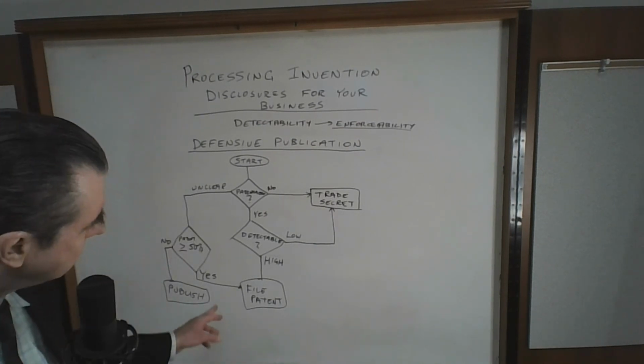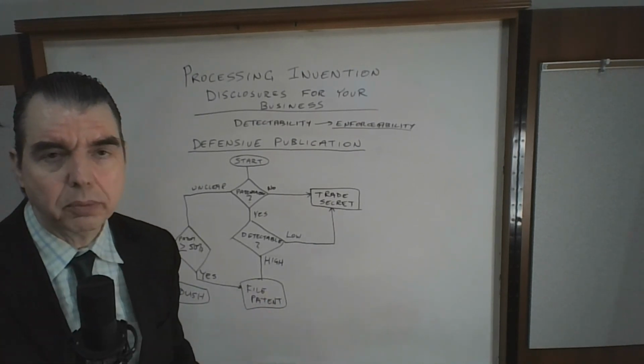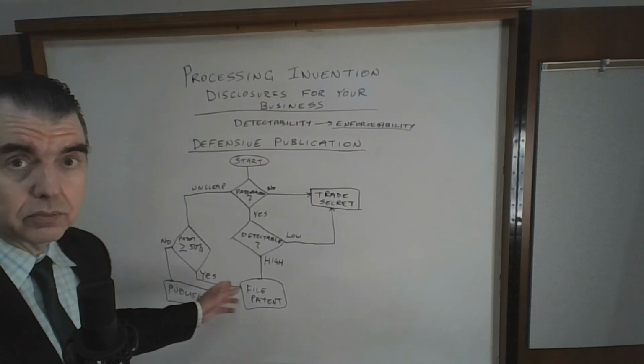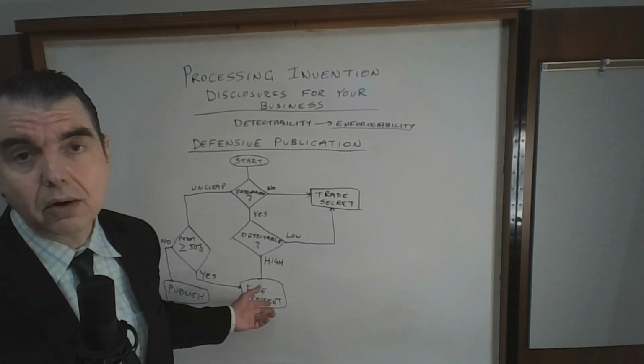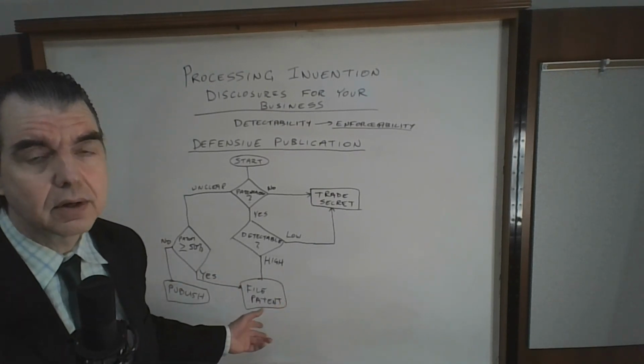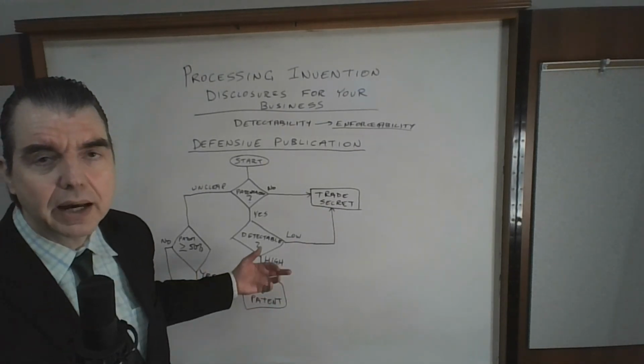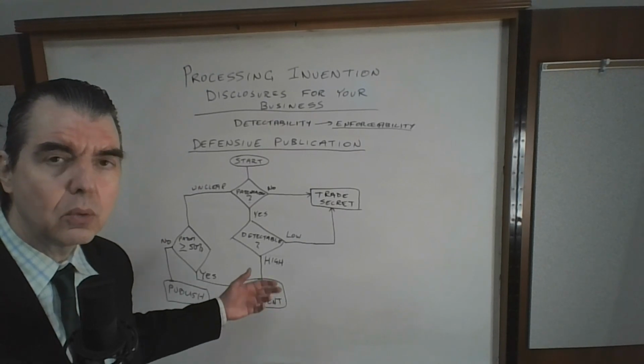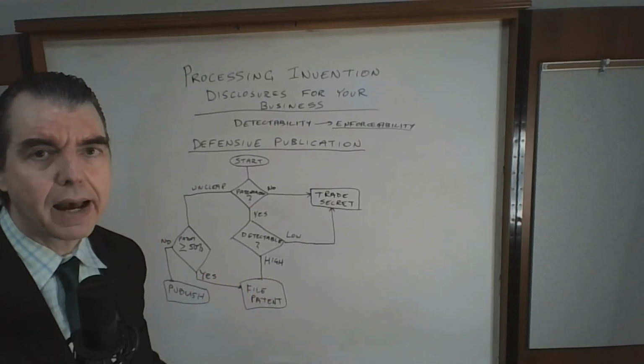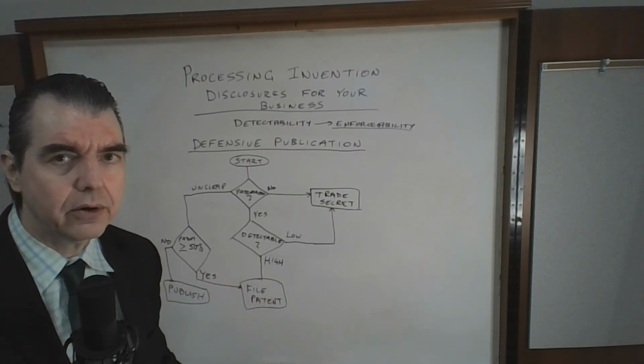So the patent application does serve a couple of purposes. One is you might get the claims allowed, in which case you have a patent. But even if you don't get the claims allowed, the published application at least becomes prior art, which blocks somebody else from getting a patent on that subject matter later.